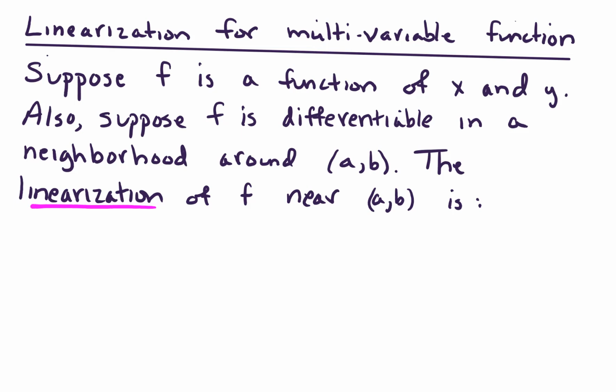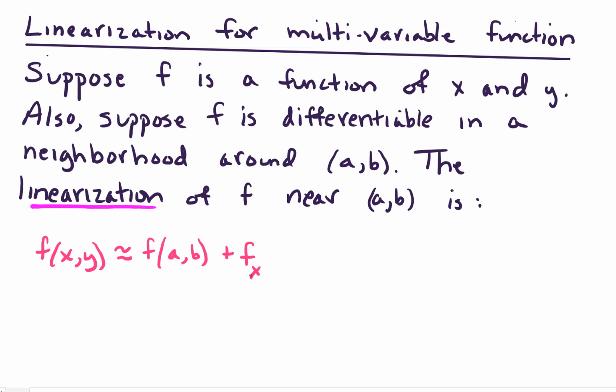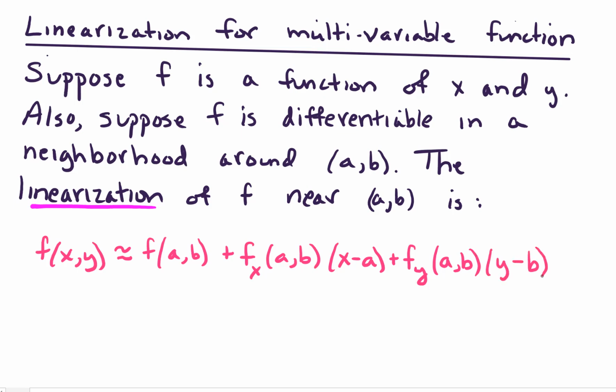It's basically the equation of our tangent plane with that one term moved over to the other side. So here it is. We can say f of x, y is approximated by f of a, b plus the partial derivative of f with respect to x evaluated at (a, b) times x minus a, plus the partial derivative with respect to y evaluated at (a, b) times y minus b.